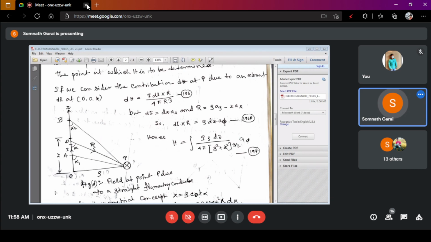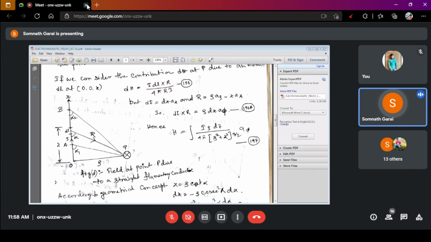Now, if we integrate this equation 196, replacing the value of dl cross r by rho dz a_phi, the equation becomes, after integrating, H is equal to the integration of I rho dz divided by 4 pi times rho square plus z square to the power 3 by 2, because this is rho and this is z.